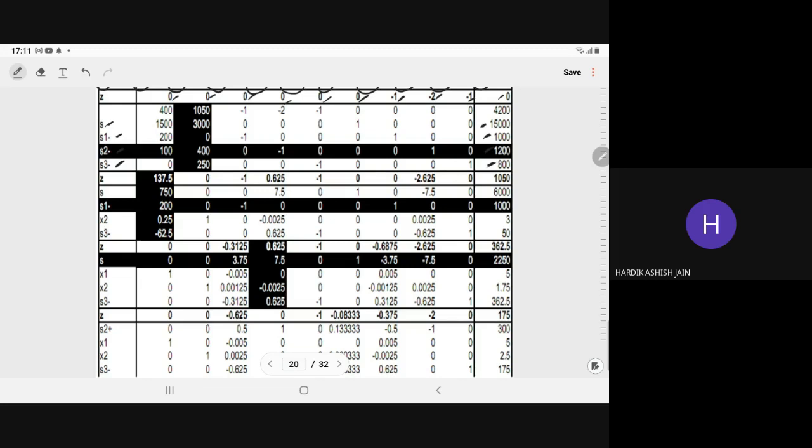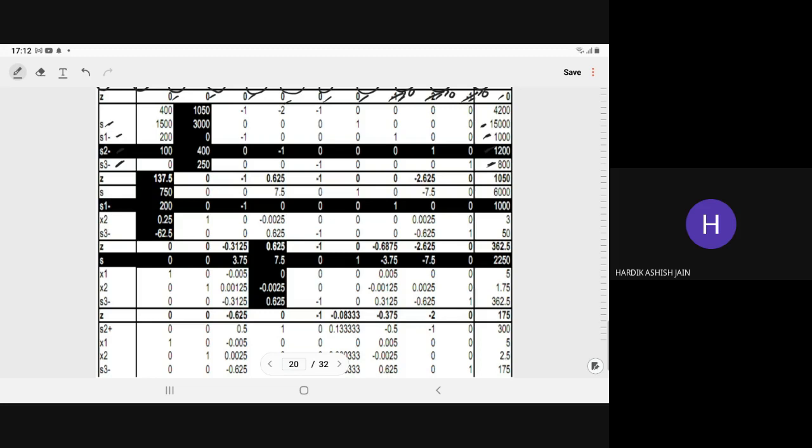Now first we have to make it 0. For making the consistent table we have to make 0 by appropriate row operation. The row operation will be z row plus row of s1 minus plus twice the row of s2 minus plus row of s3 minus.